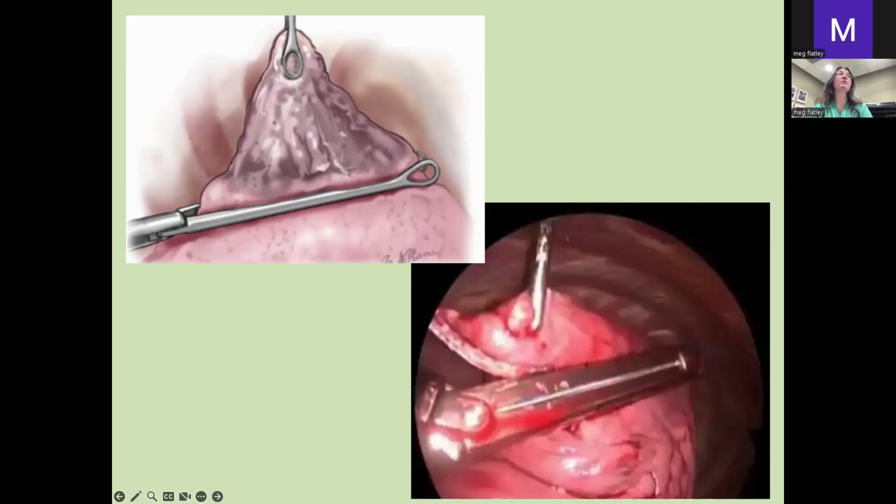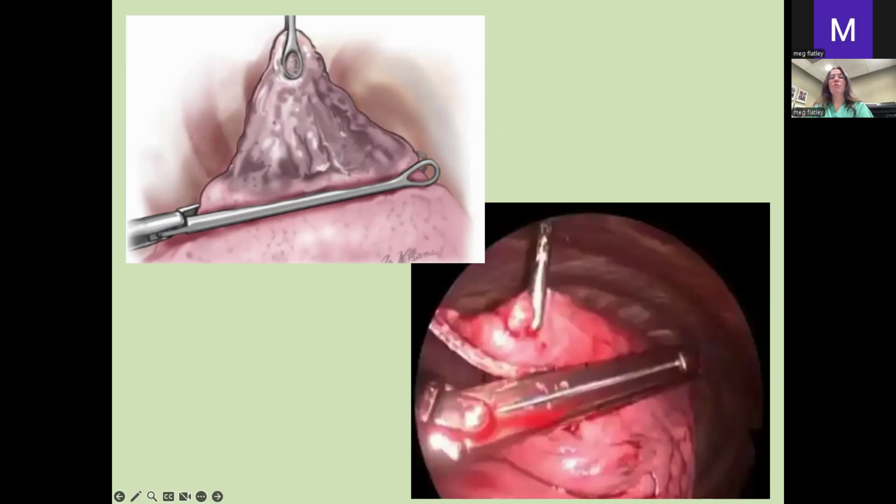Traditionally, they teach doing an apical wedge resection. You're thinking that there are probably blebs there that you're just not seeing. So you take a wedge resection at the apex because you're there and you've decided this person needs an operation, and you're assuming that there are blebs somewhere that you're just not appreciating. And they're probably in the apex.